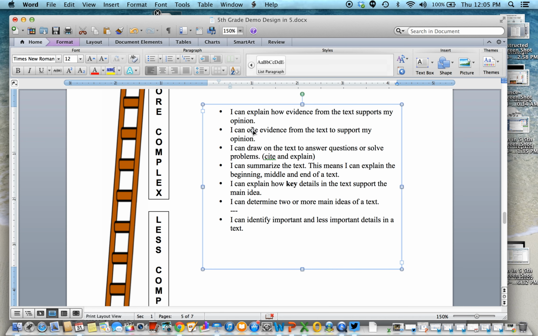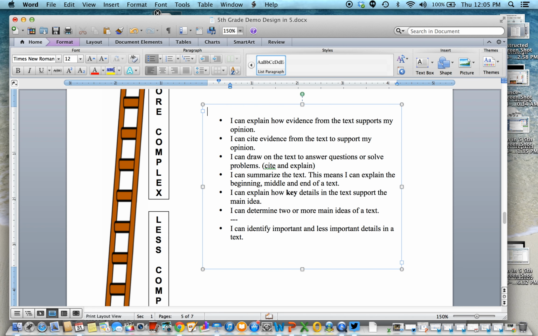So we might have a more complex target that has students using, so I can use what I learn from multiple texts to solve a problem.